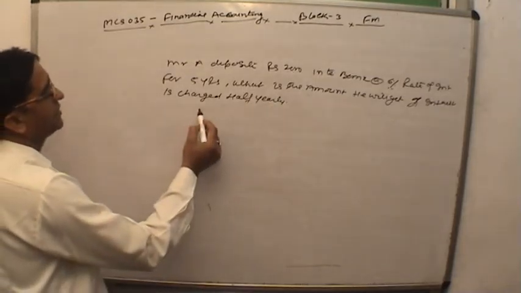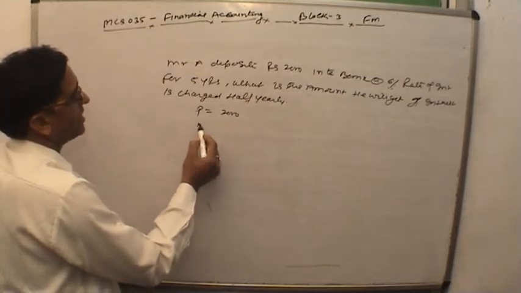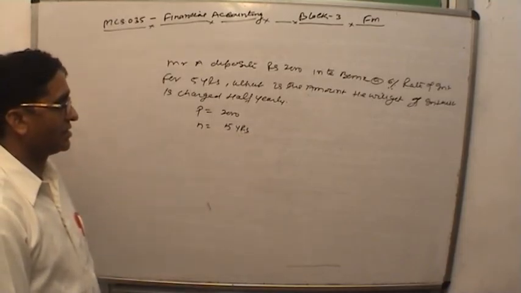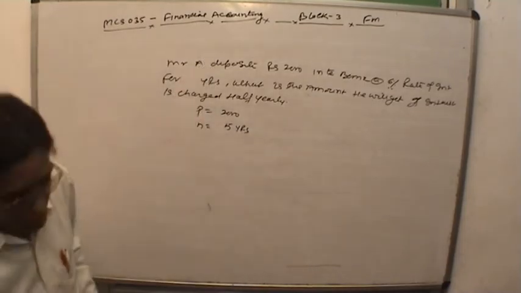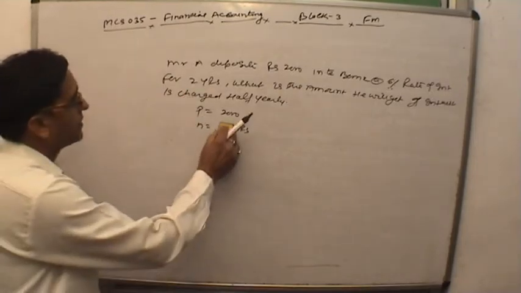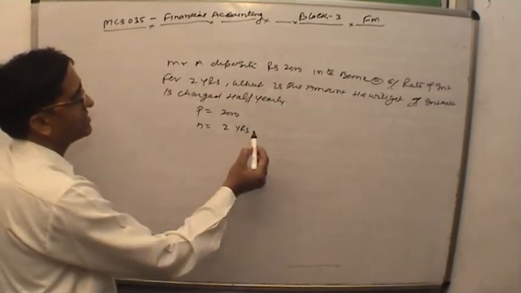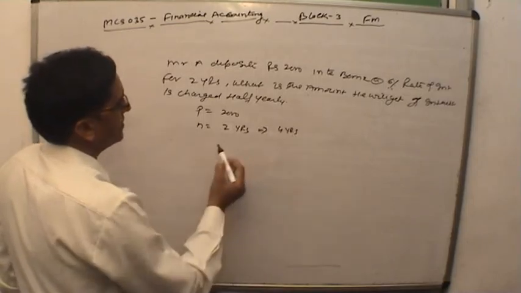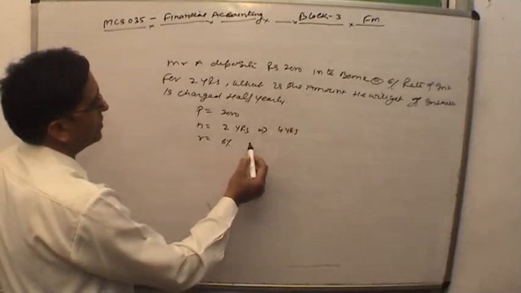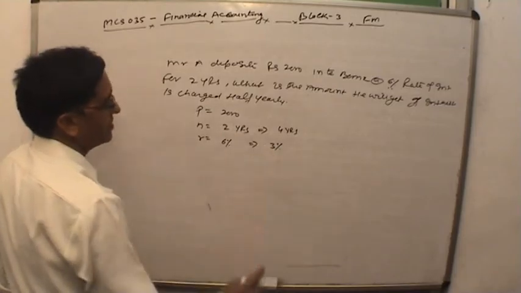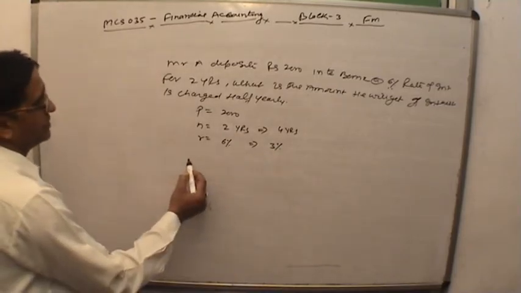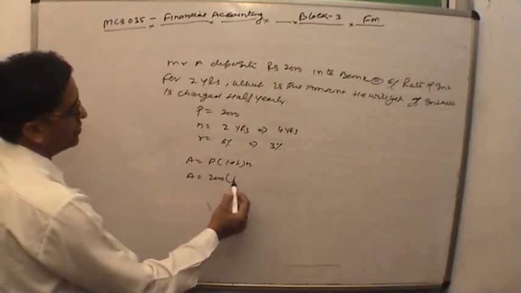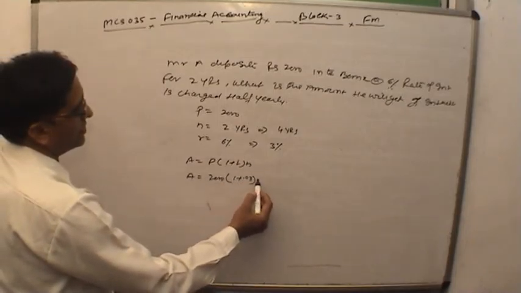For this problem, P equals 2,000 and n is originally 5 years. But as interest is charged half yearly, the time becomes 10 periods, and the rate of interest, originally 6%, is used as 3%. So the amount, as we know, is A equals P(1 plus i) to the power n, equal to 2,000 times (1 plus 0.03) to the power n.